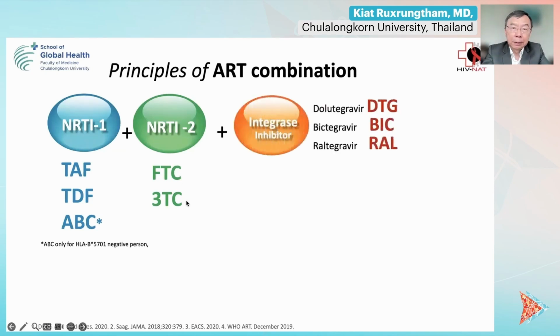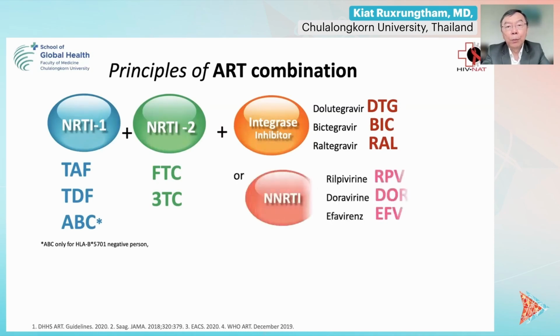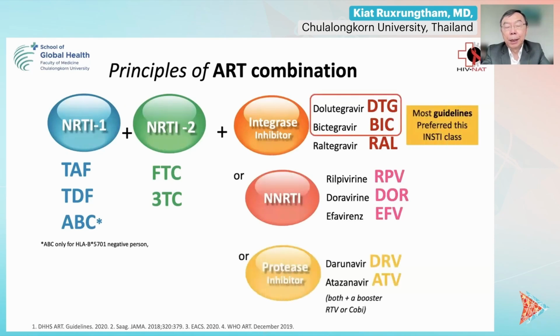And then 1 from the other class of ARV: integrase inhibitors, protease inhibitors, or NNRTI. As I mentioned earlier, most international guidelines, including WHO, prefer integrase inhibitors, particularly DTG and bictegravir, dolutegravir and bictegravir.